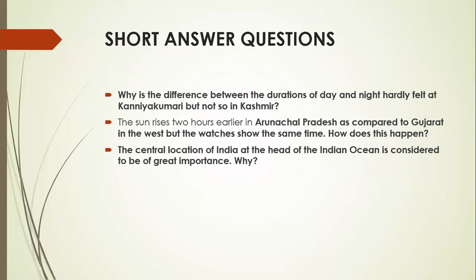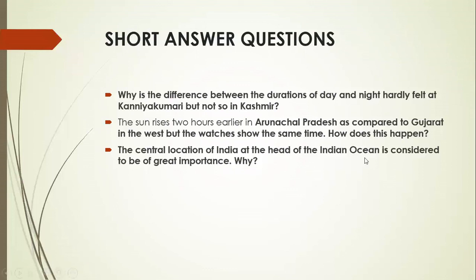Why is the difference between the durations of day and night hardly felt at Kanyakumari, but not so in Kashmir? The sun rises 2 hours earlier in Arunachal Pradesh as compared to Gujarat in the west, but watches show the same time.